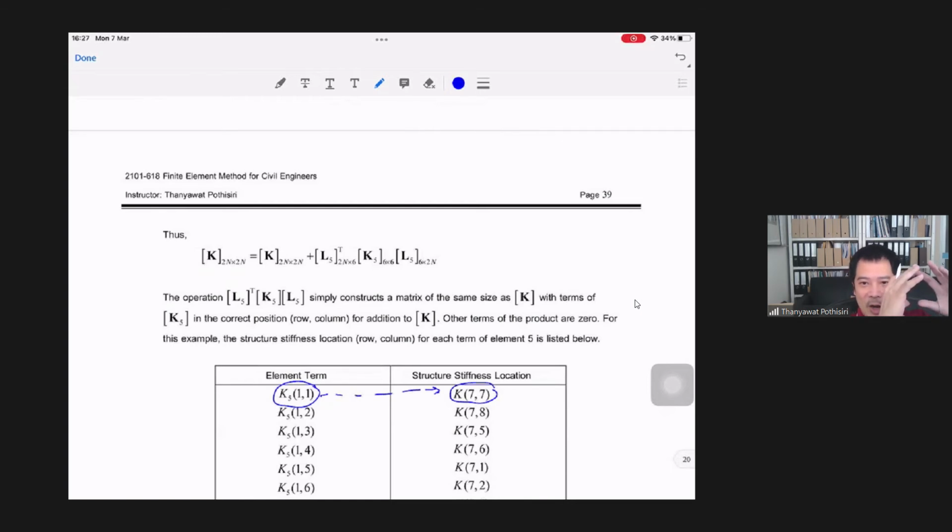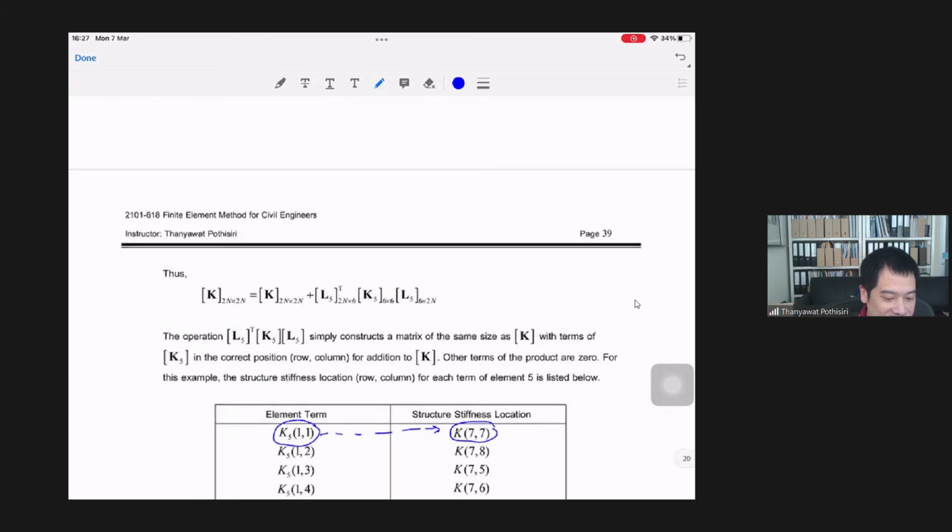So the contribution from the stiffness matrix of element 5, K11, would be at row 7 and column 7 of the structural stiffness matrix.